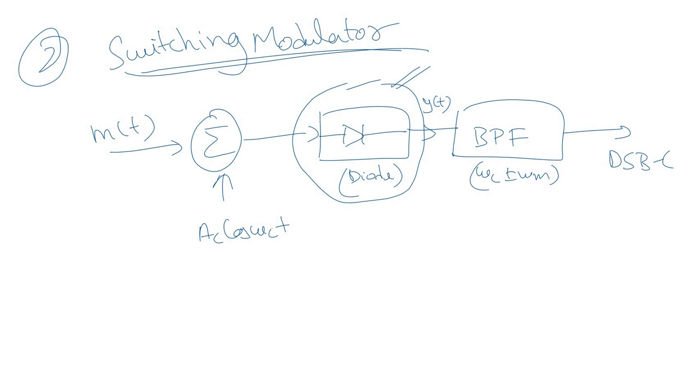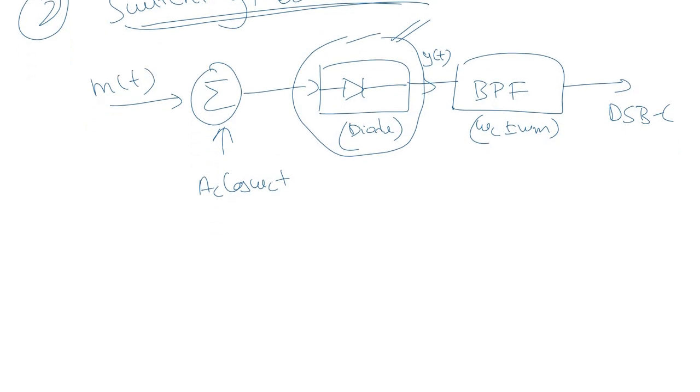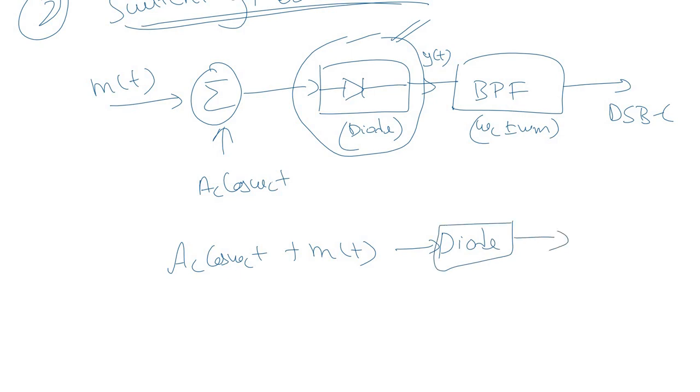Now let us look at the logic, the mathematics and the principle behind this block diagram. The output of this summer will again be the same, that is Ac cos omega ct plus m(t), right? Now this is given as input to the diode. The function of the diode is that it will act as a switch.